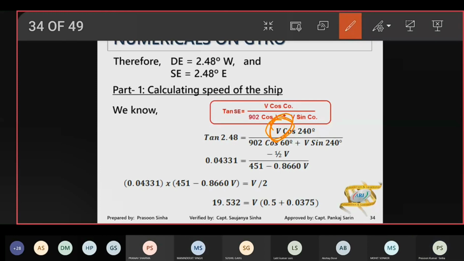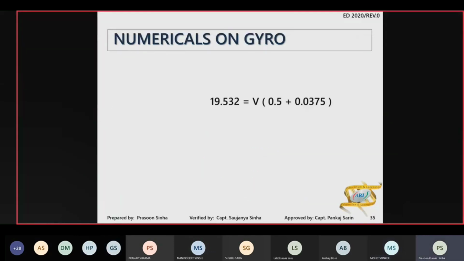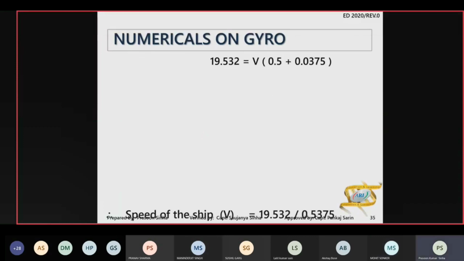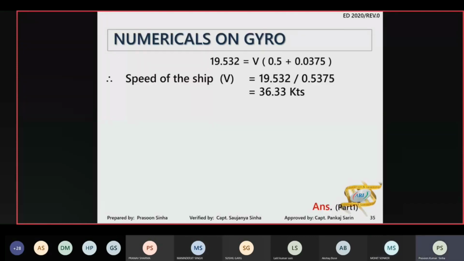Answer. 36.285, so 36. Okay, so let's see what is there. 36.33 knots is the answer, part 1. You are right. So first part, calculate the speed of the ship. We have already got the answer, 36.33.